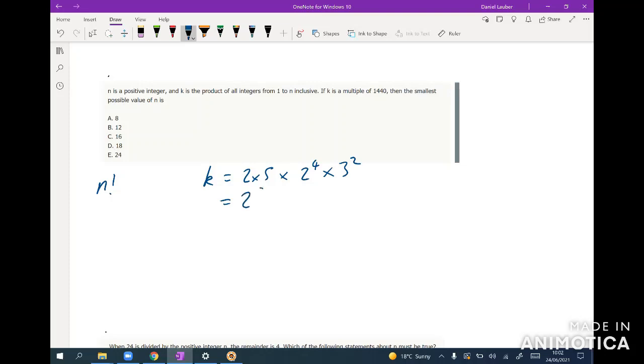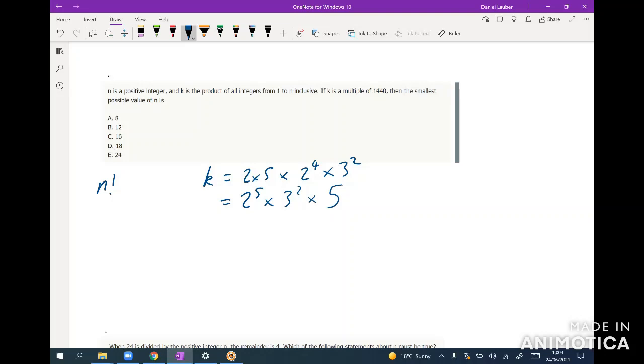In other words, we've got 2 to the 5 times 3 squared times 5. And so we need to make sure that we have at least 5 2s, 2 3s, and a 5 in n factorial.